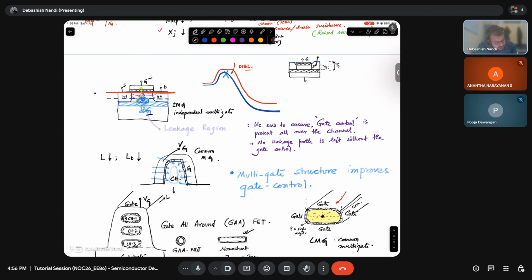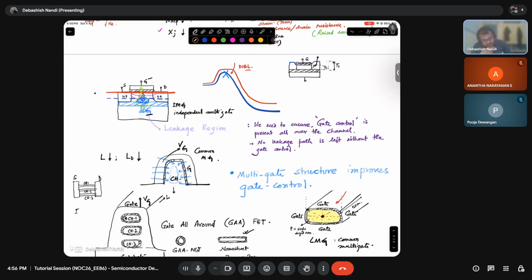Single digit nanometer. But what I am seeing if I look at my source and drain, if this is source, this is drain, so this is channel 1, this is channel 2, this is channel 3.